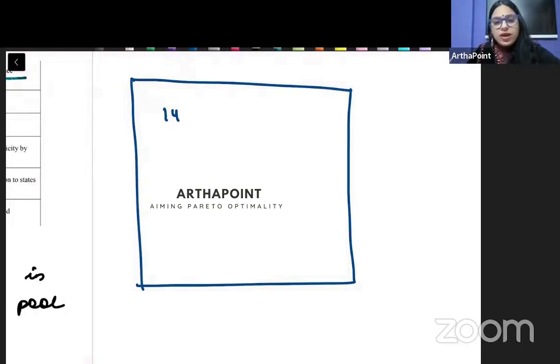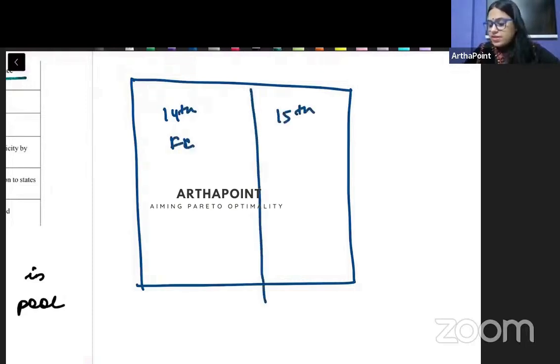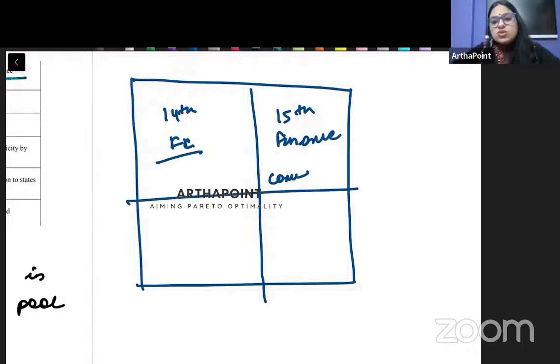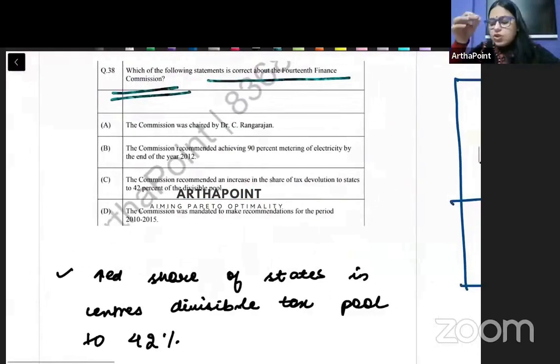Okay, so everyone, you have to go ahead and you have to compare between 14th Finance Commission and 15th Finance Commission. Right? Please do this comparison. First of all, I am telling you all features about the 14th Finance Commission.